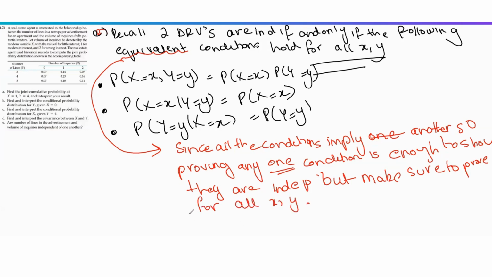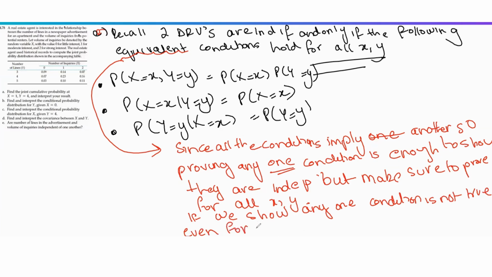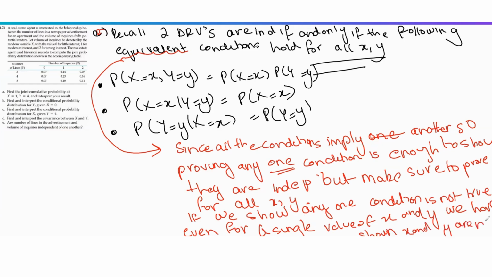If we show any one condition holds, this is how we can prove they're independent. But if we show any one condition is not true, again you just need to show one condition is not true, even for a single value of x and y, then we have shown X and Y are not independent.